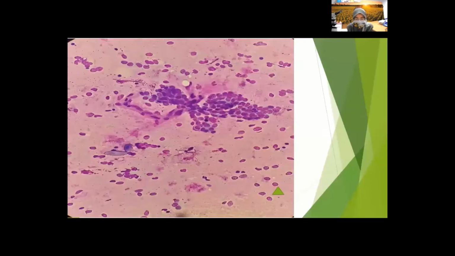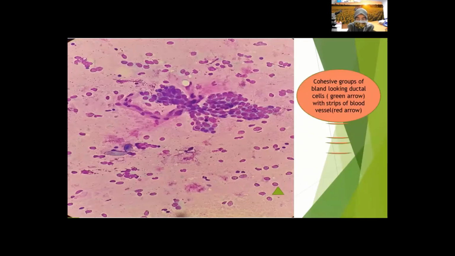So this is under higher power. We see closely the clusters of the groups of epithelial cells. It's still cohesive, and the cells look bland and quite uniform.